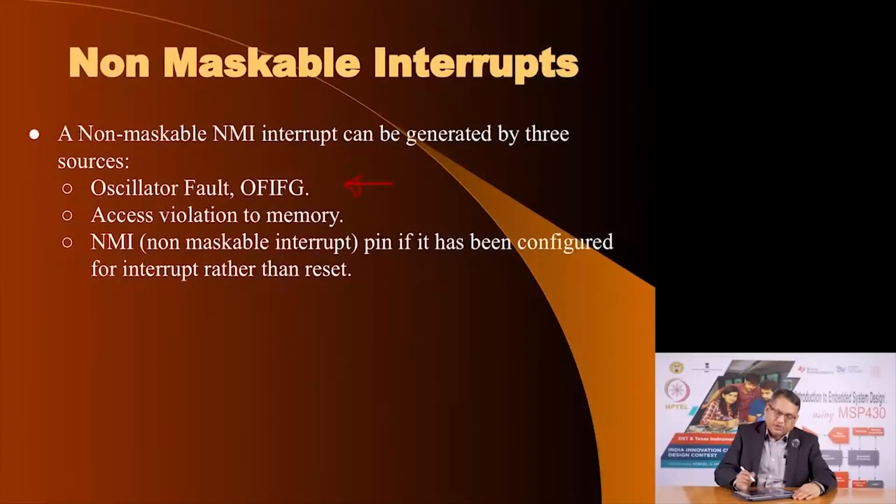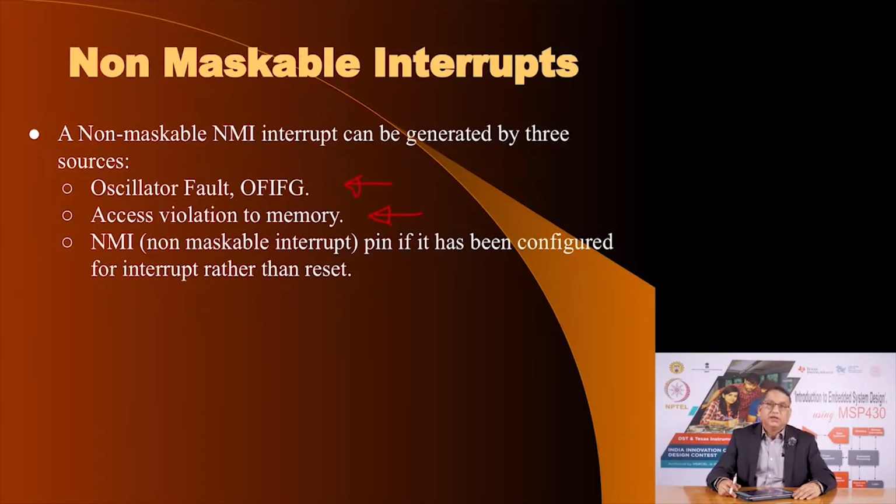All right. So, now non-maskable interrupts can be generated from several sources. It can be generated by one of the oscillators, and you know that there are 3 oscillator sources in your MSP430 microcontroller. If any of the oscillators is not working the way it should, it can generate a non-maskable interrupt. Also, you have program memories, RAM. If you are trying to read or write from locations which are not available on your microcontroller, it would lead to a memory access violation, that also will generate a non-maskable interrupt.